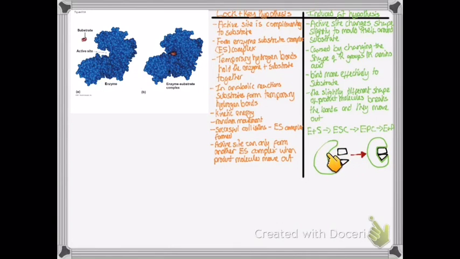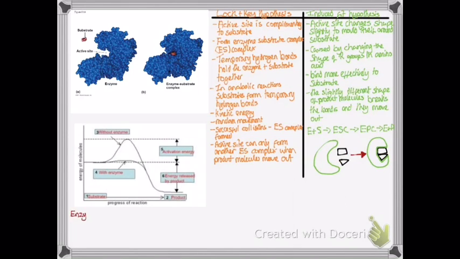When they come in close contact, new forces cause the enzyme to mould around the substrate, and look how tight a fit it is there, allowing the reaction to take place. If we're seeing anabolic reactions of building up, the 2 substrate molecules form slight bonds between each other, usually hydrogen bonds, and then they bind together. Okay, so that is induced fit versus lock and key.